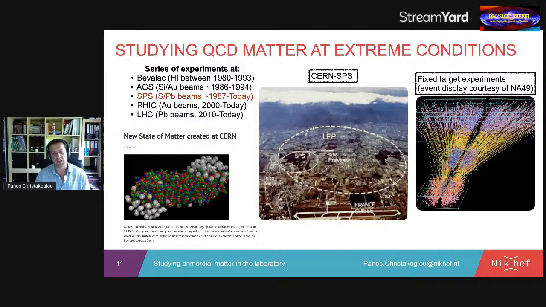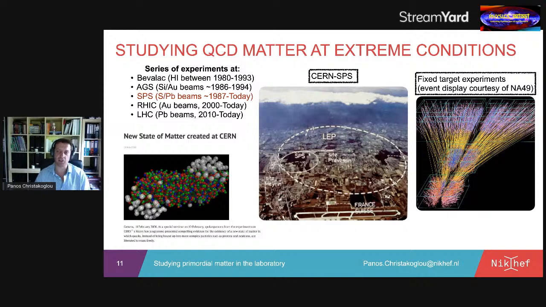So this is an aerial photo, an old one, obviously from the resolution, of how CERN looks like, with SPS being this small circle here and the previous accelerator LEP, which is now succeeded by the LHC, being the large circle. So this was the first circle that was used in order to study the state of matter back in the late 80s, early 90s.